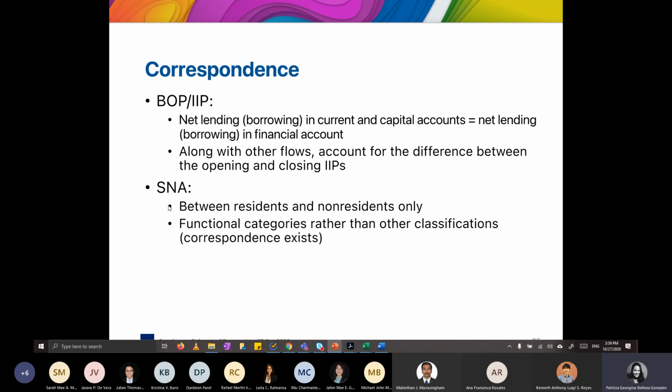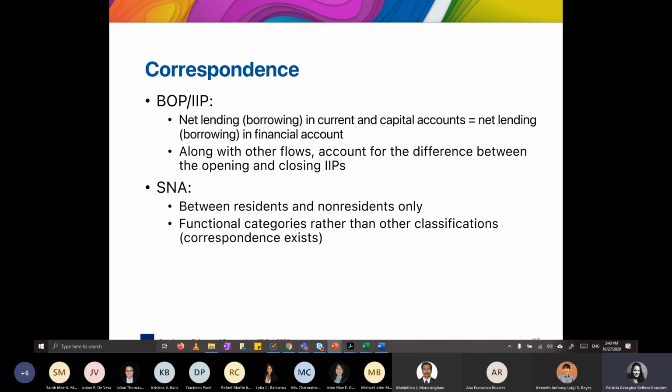And then in the SNA, again, it's a subset of the financial account because these only take into account financial transactions between residents and non-residents. I'm pretty sure there are also some differences in the included financial items to take into account the different nature of cross-border transactions.